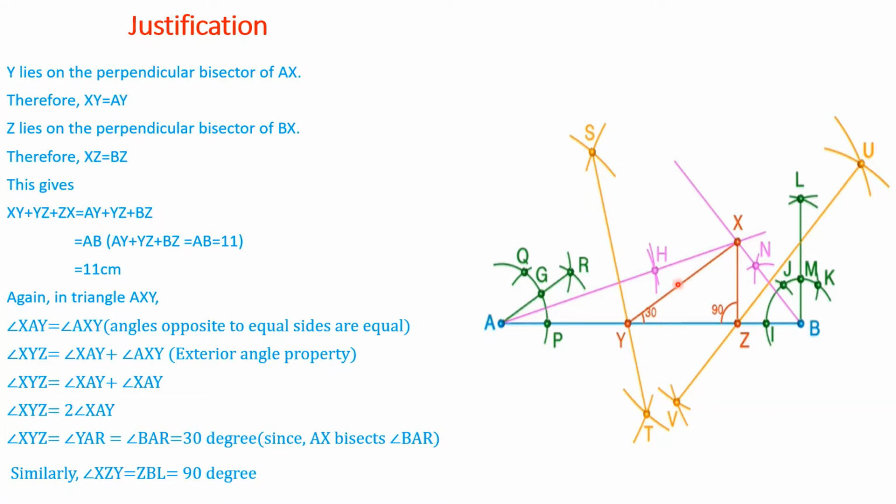These two angles are equal because AYX is an isosceles triangle where AY and YX are equal. And clearly this angle is half of 30 degrees because this is the bisector. This is half of 30 degree, 15. So this is also equal to 15 plus 15, 30 degree.